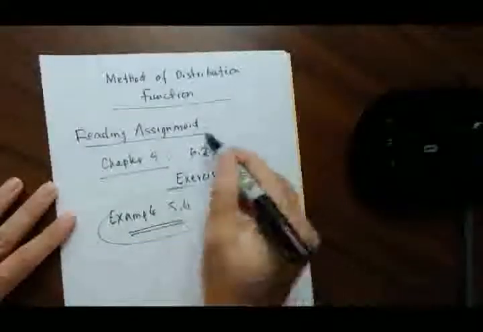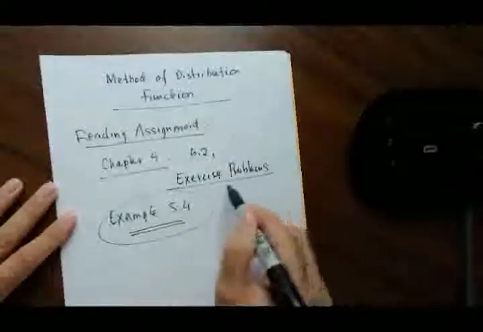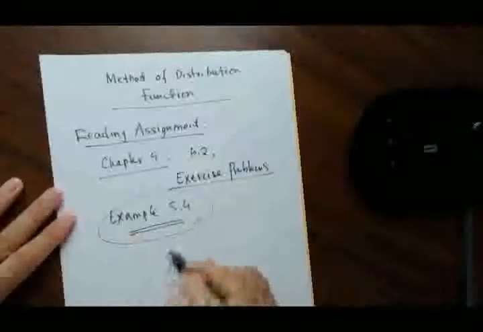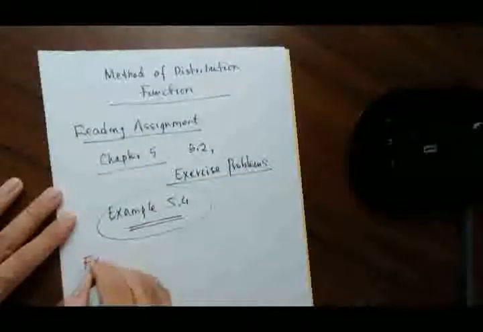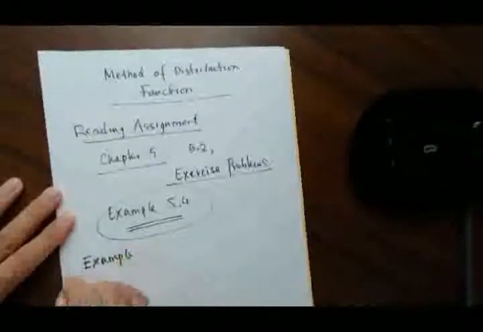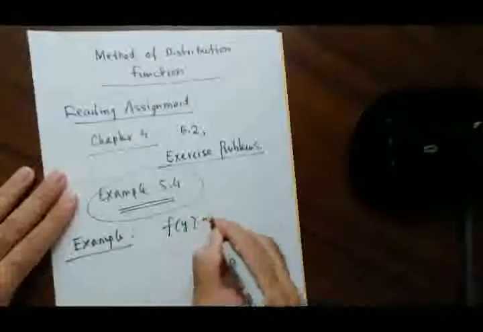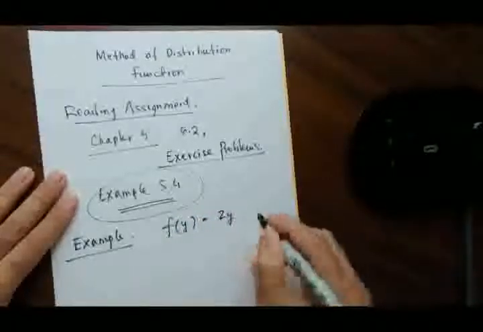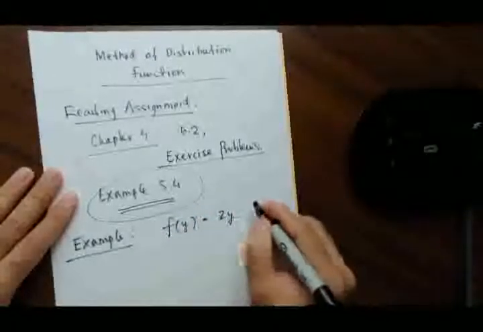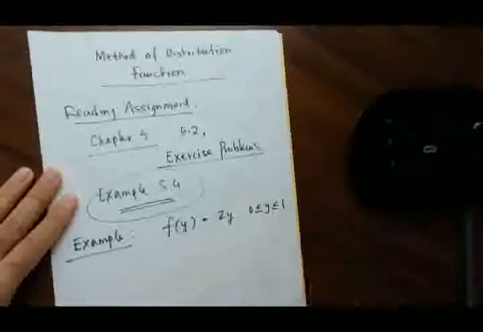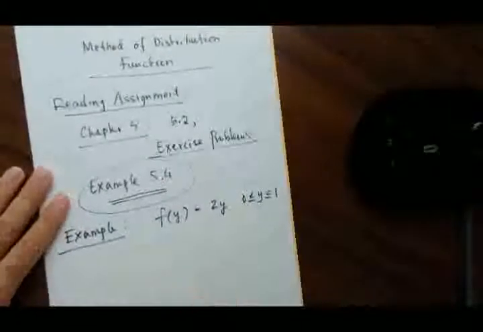So read chapter 5, especially 5.2. Try to do some exercise problems. Read example 5.4. But I'm giving you a general example of what a distribution function is and how to find it. For example, there's a continuous density, small f of y is 2y, and y is between 0 and 1.